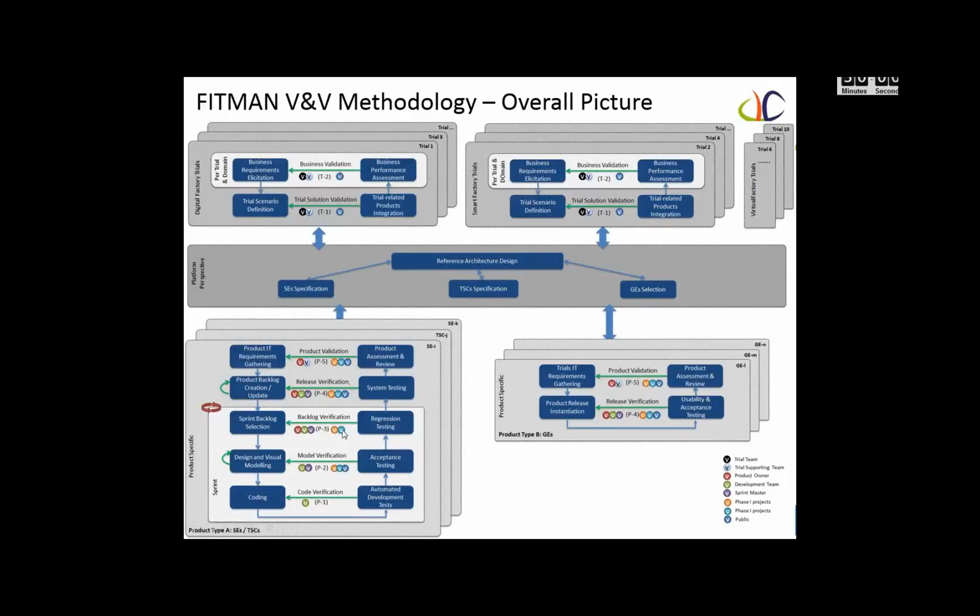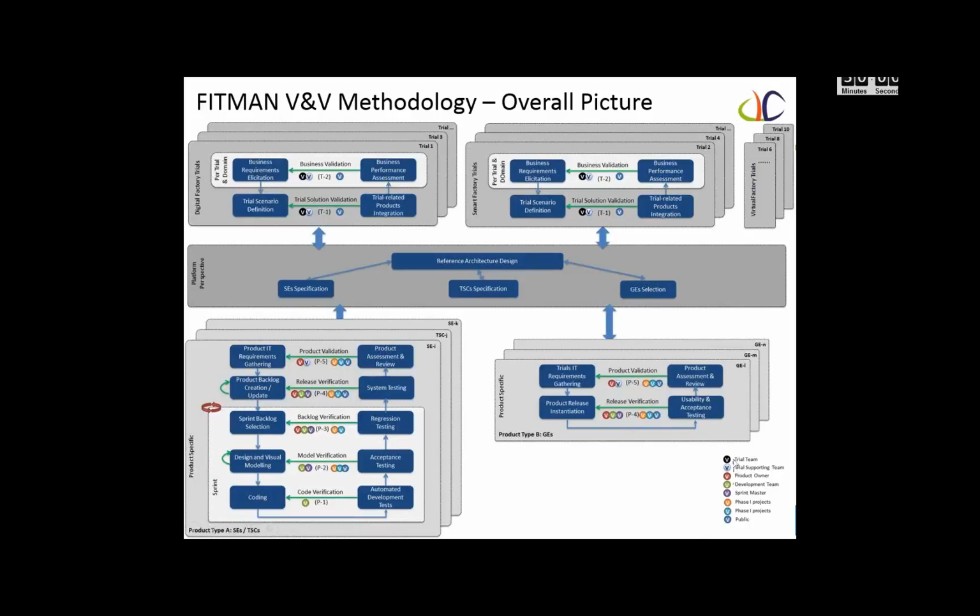We will dive in the next slides into more detail on what each step is, in the product-specific and the trial-specific perspective. From this slide, what I want you to remember is that each step does not involve only the development team, only the trial owner or the trial team in general.